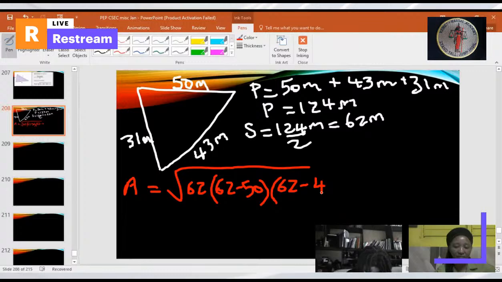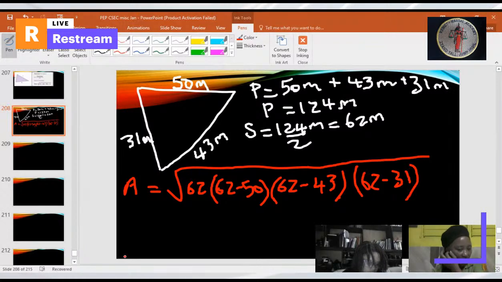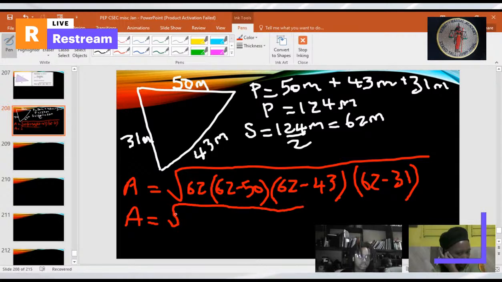Next, we're going to find the values of 62 minus 50, 43, and 31.